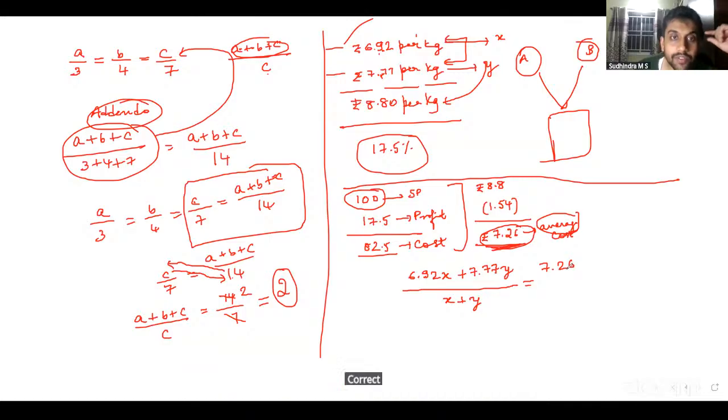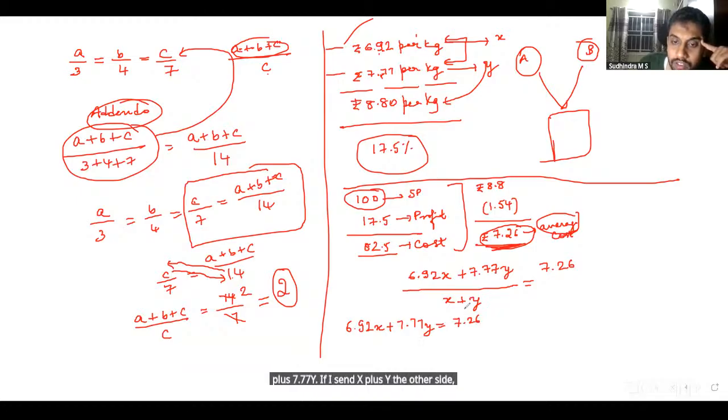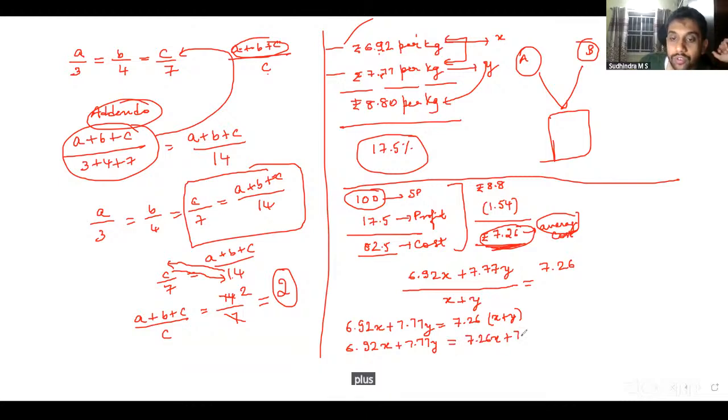Correct? Simplifying this, 6.92x plus 7.77y, if I send x plus y to the other side, equals 7.26 into x plus y. So 6.92x plus 7.77y equals 7.26x plus 7.26y.